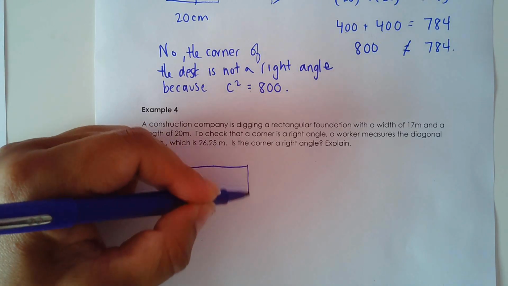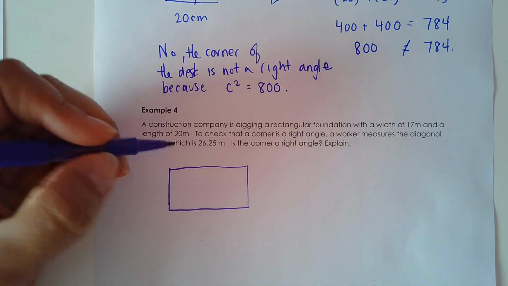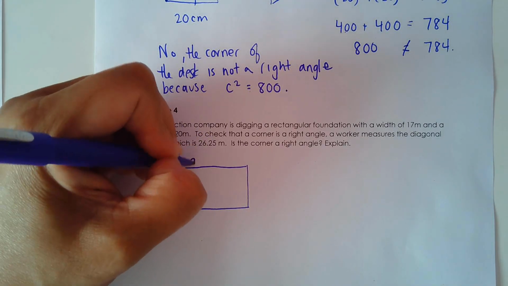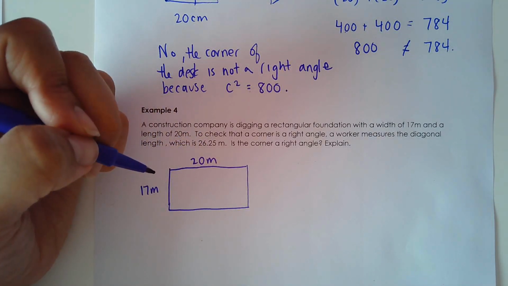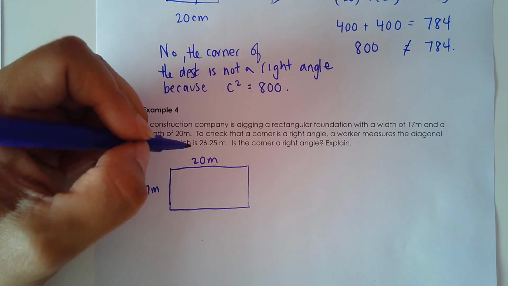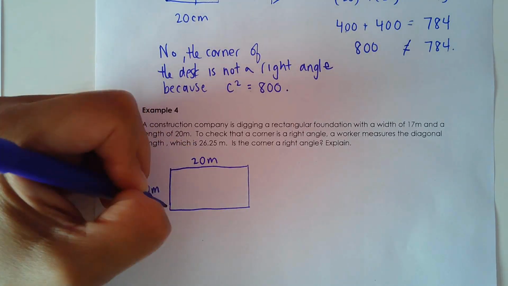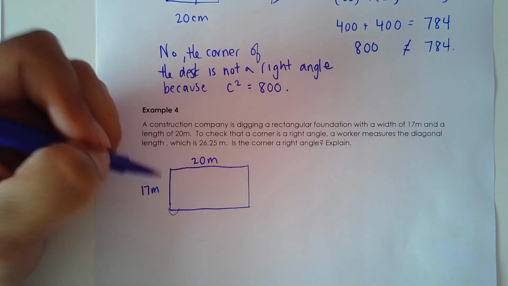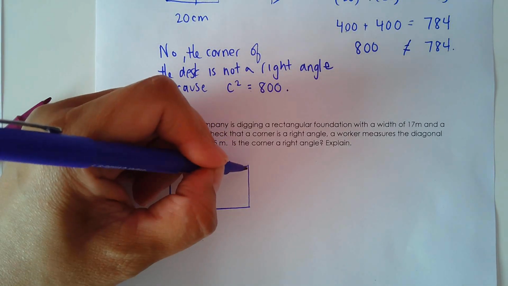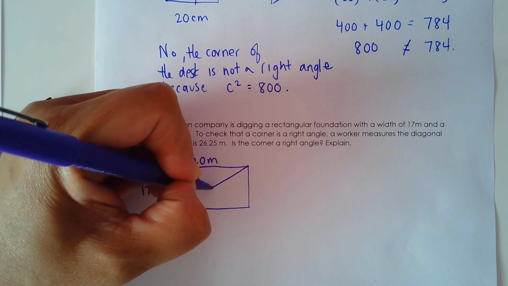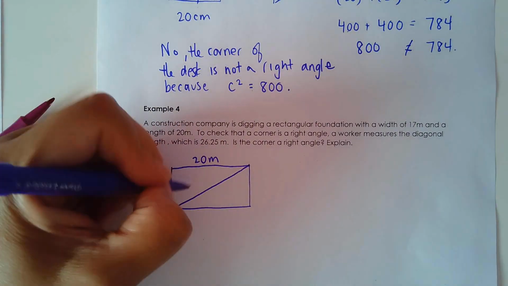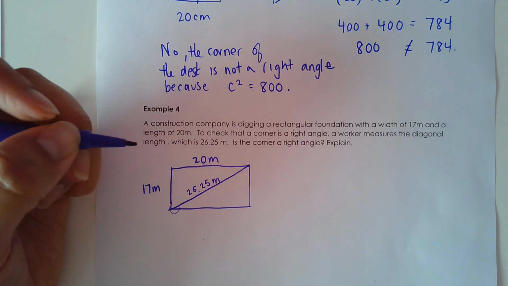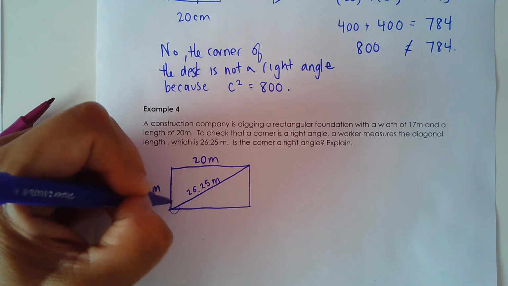So they're digging a hole that's a rectangle with a width of 17 meters and a length of 20 meters. To check that a corner is a right angle, that these are 90 degrees, the worker measures the diagonal length, from here to here, which is also the hypotenuse, and he measures it to be 26.25 meters. So is this 90 degrees?